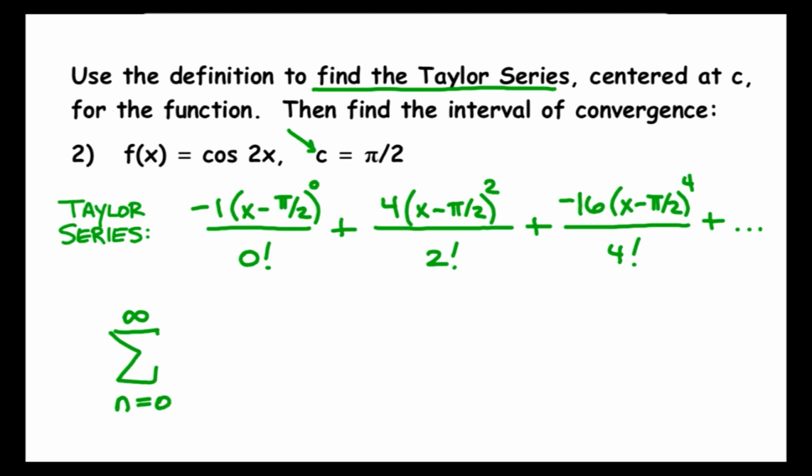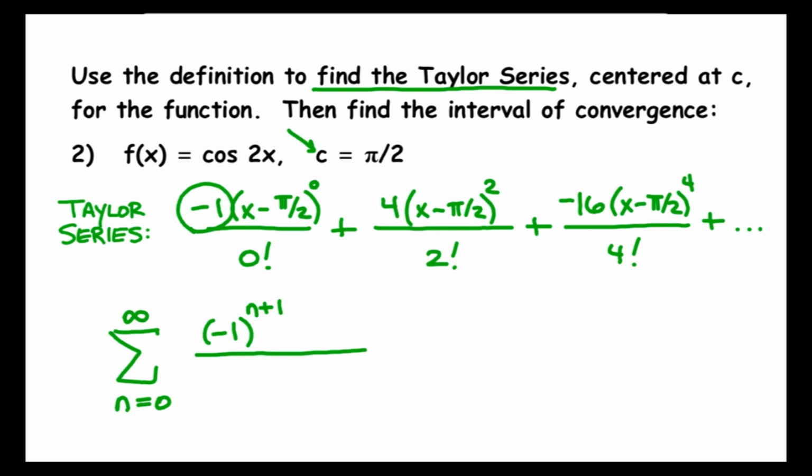We are changing signs each time, so we are going to have an alternating component be negative 1 to the, this time I want it to be n plus 1. And the reason why is we are starting with a negative, and that way if we plug the 0 in, we're going to have negative 1 to the first, which is this negative 1 right here. So you can also put negative 1 to the n minus 1.